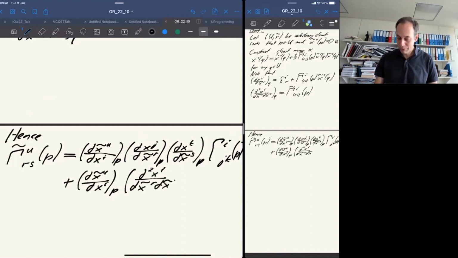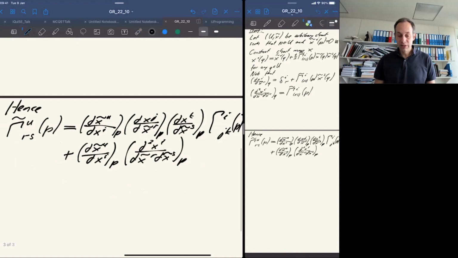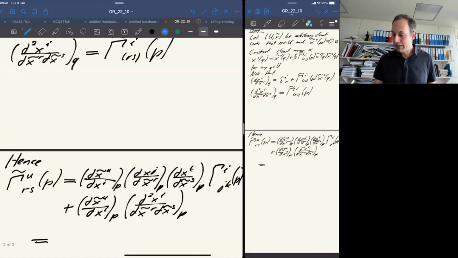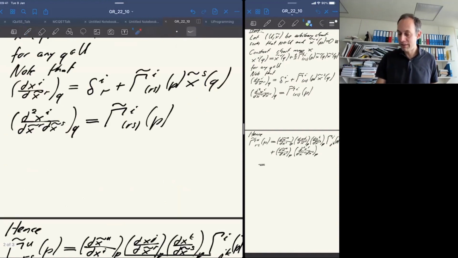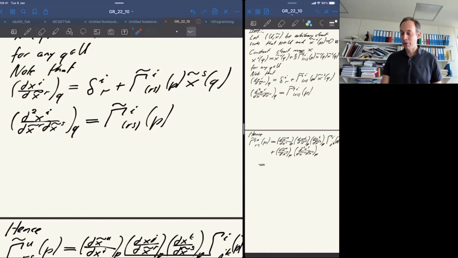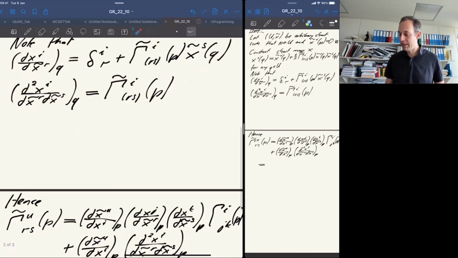So far I didn't actually do more than just copying from earlier the transformation rule. But now we just have to insert things, and this is very easy, because as you can probably see, at the point P, so by the way, I evaluated them here at an arbitrary point Q because I needed to take the second derivative, and I can only take the second derivative of this thing here if it's evaluated also in the neighborhood of a point P. But now I'm only interested in this here at the point P, because there are only P's appearing here.